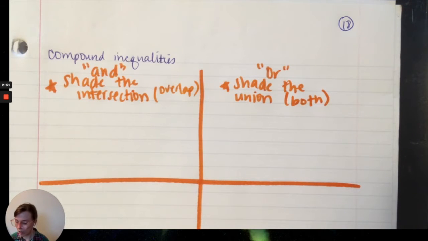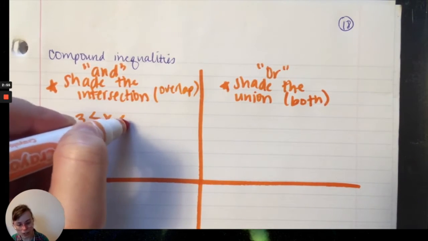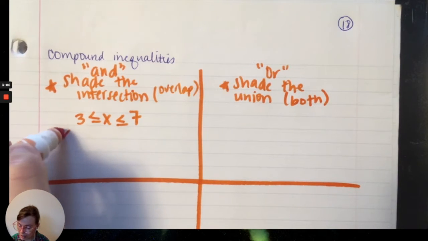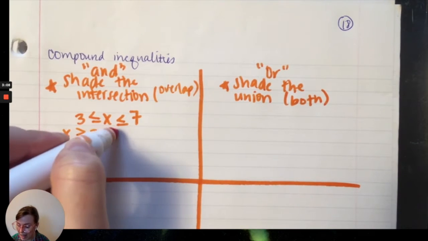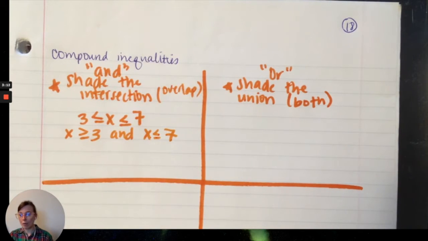Okay, so we are going to start off with just what does an and typically look like? This is typically an and. We can actually combine them together into 1 singular inequality expression where you can see them. So this means that x is greater than or equal to 3 and x is less than or equal to 7. So look how we broke it apart.